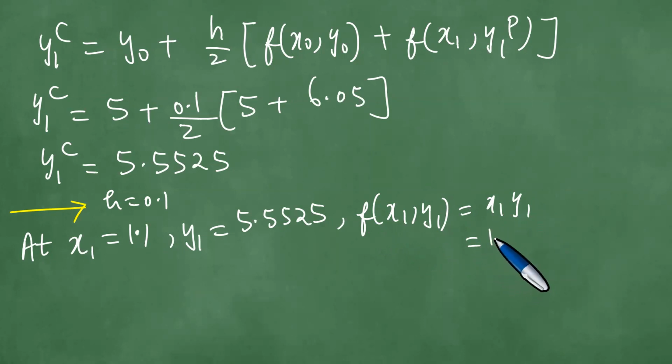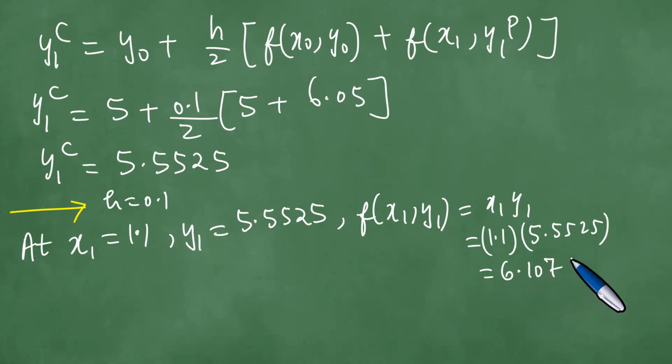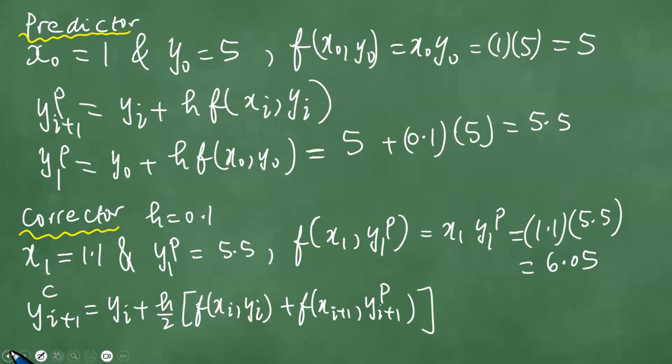So you have 1.1 into 5.5525. And therefore, what is the product of this? The product must be 6.1078. Okay, where are we now? Because we're using this model, we are here. And now we've got everything.